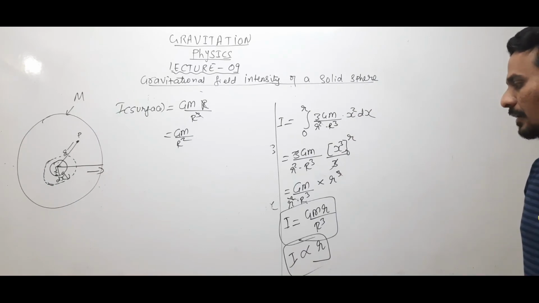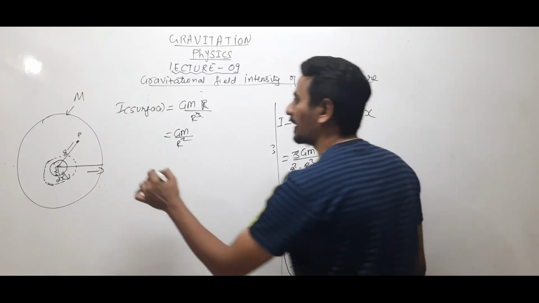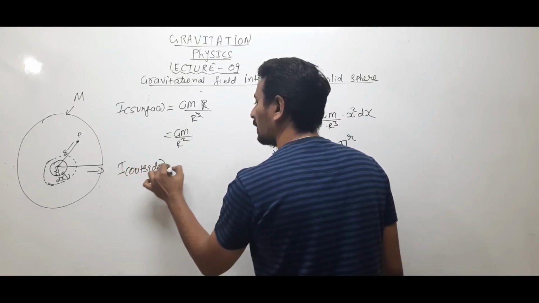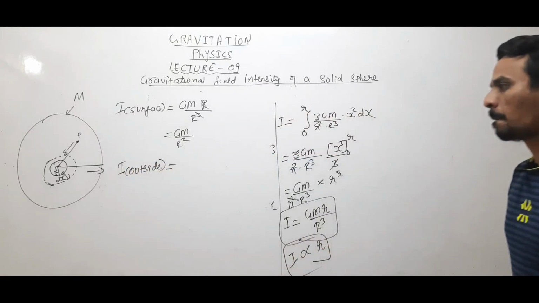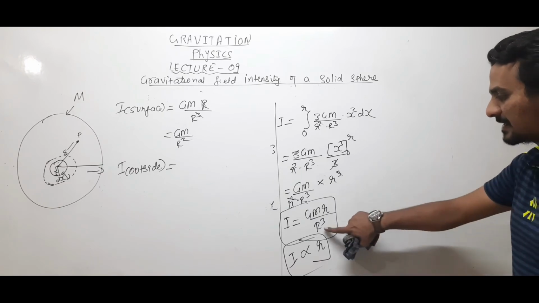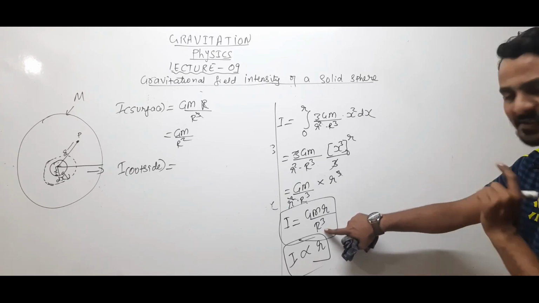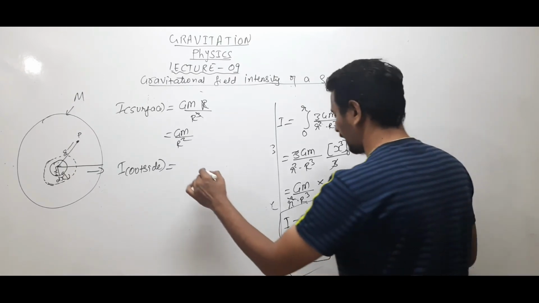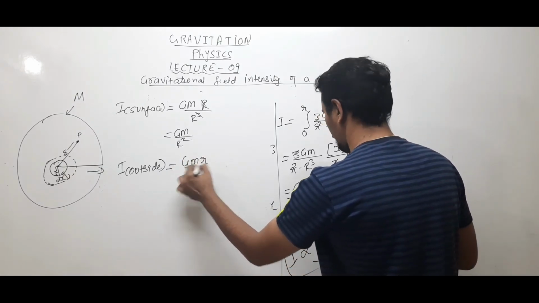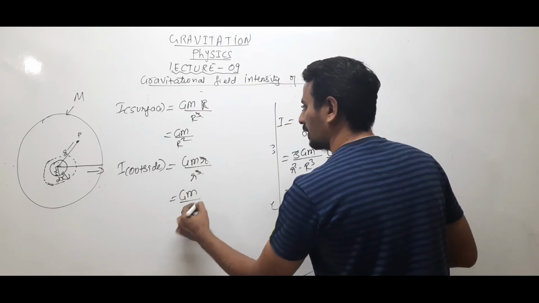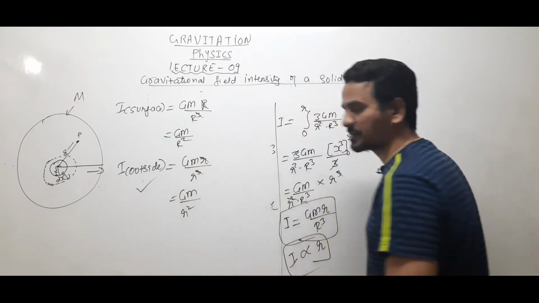And outside the sphere, we place small r in place of capital R, so the intensity outside will be GM upon r square.